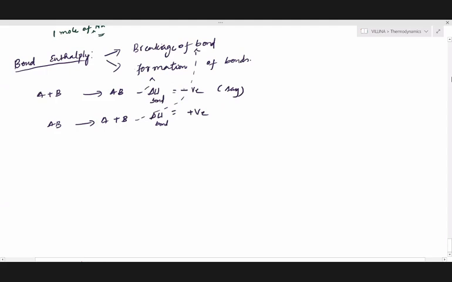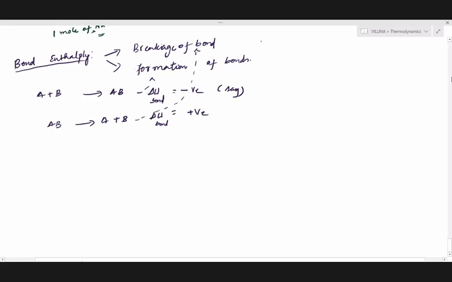So bond enthalpy can be defined as the enthalpy change associated when a new bond is formed, or when an already existing bond is broken down.